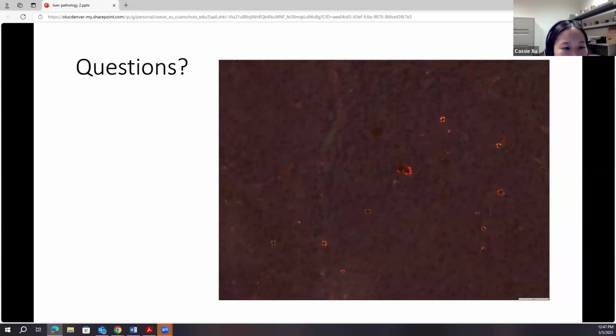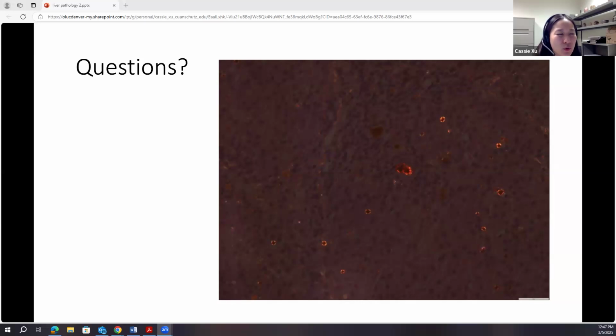I think a lot of people, I noticed that for us, we tend to downgrade the staging. A lot of people will call bridging fibrosis, but a lot of times it really isn't. It's more periportal or there's no significant fibrosis. That kind of depends on whether their trichrome stain is a little stronger or weaker.